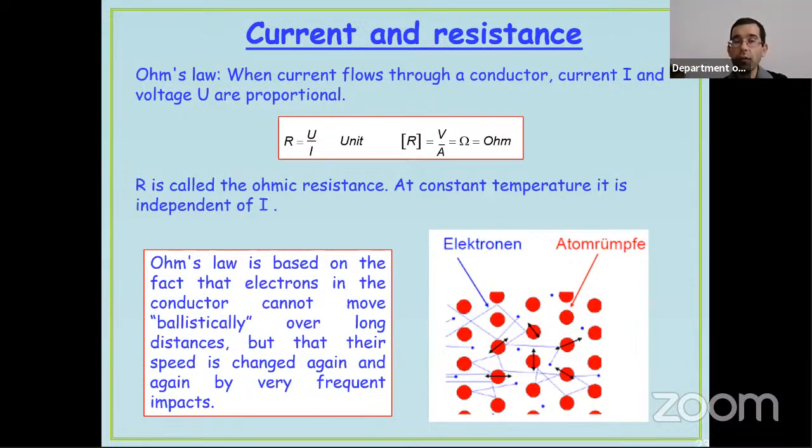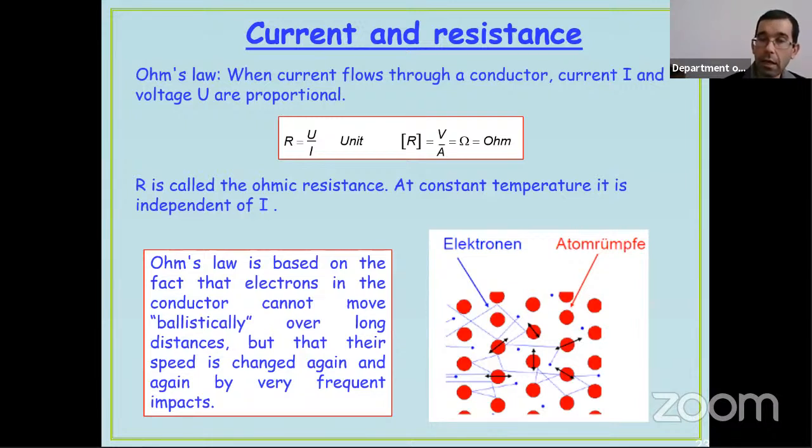Why do we have this resistance? The resistance is a consequence of the fact that the atoms hinder the motion of the electrons, so they can actually move not absolutely freely within the materials.